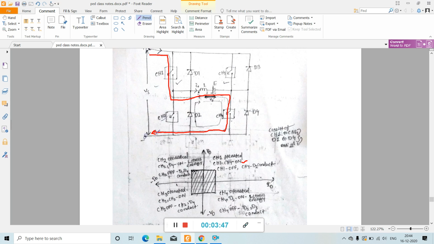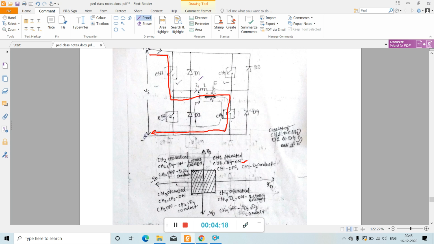Then when chopper 1 is off, positive current free wheels through chopper 4 and D2. See, when chopper 1 is off and the initial condition is chopper 4 is on, this current will free wheel through chopper 4 and diode D2, because of the inductor, this diode is forward biased.